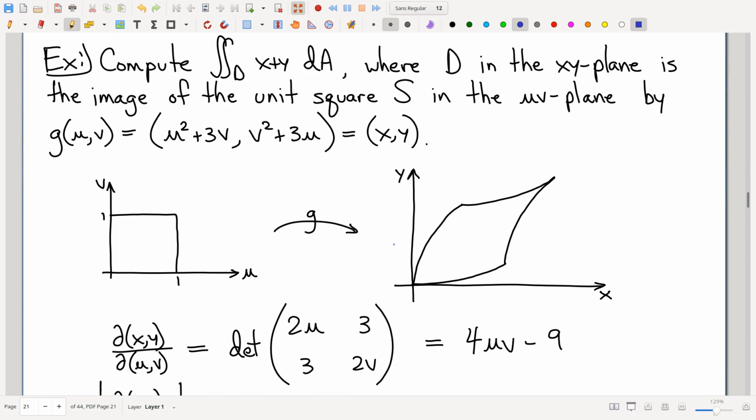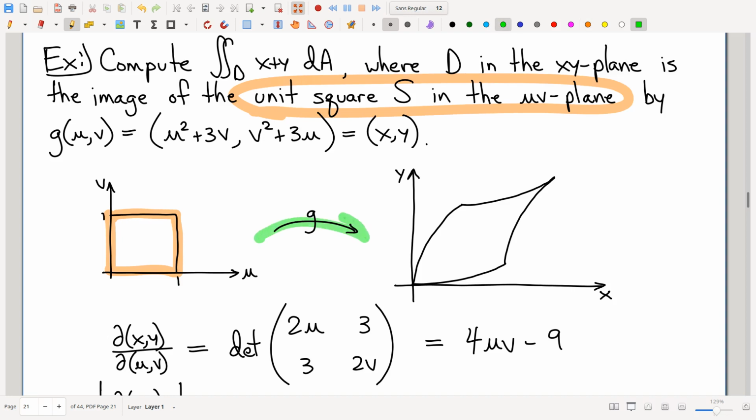Here we go. We are going to start with the unit square over here in the UV plane. We're going to imagine that there is a function called g here. And what happens if I take my unit square and plug it into that g function?